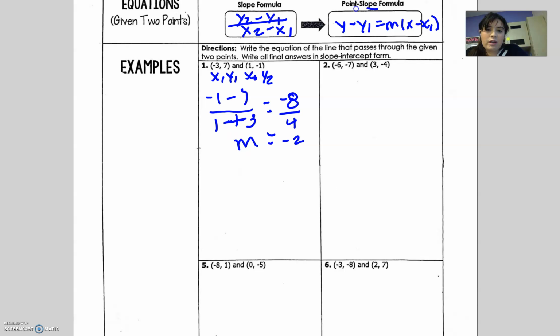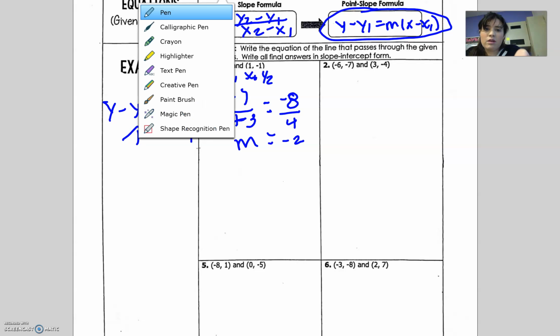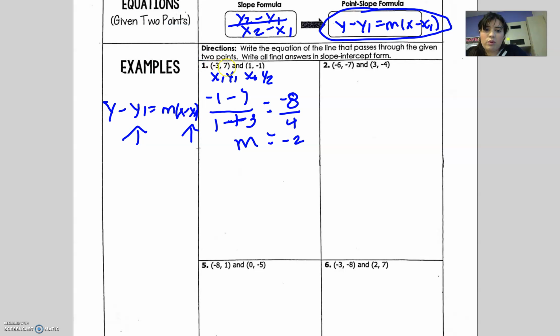So now we're going to come up here, we're going to use this point-slope form. Okay, let's write it again. Y minus y1 equals m times x minus x1. So we're going to plug in our x1, y1, and I'm just going to use this top point. This is our x1, y1 right here.